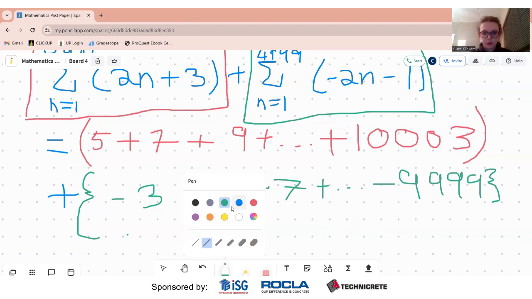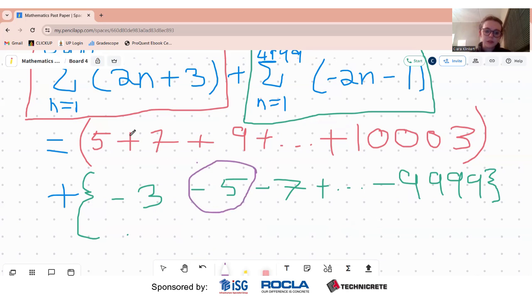Do you see that this term over here, let me use some purple, this minus 5 will get rid of that 5 over there. And this minus 7 will get rid of this plus 7 over there. And this pattern here, the next term will be minus 9. And it's going to keep subtracting from this expression above.